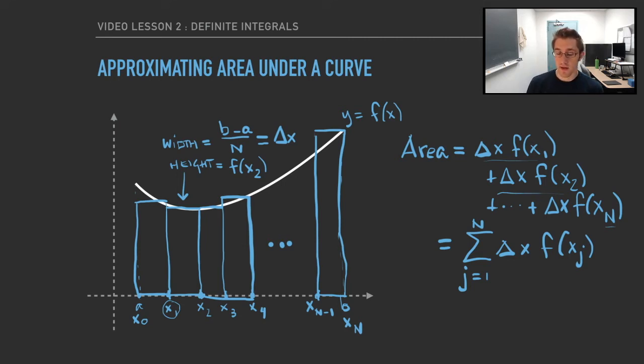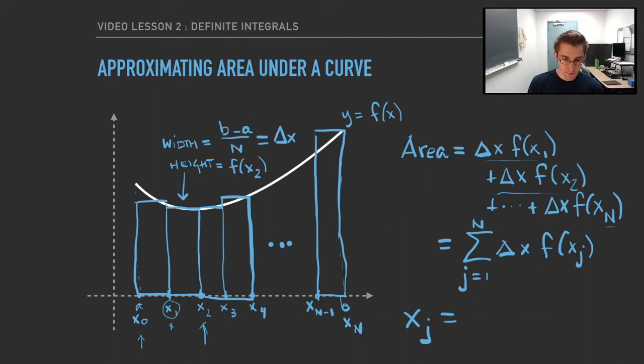Okay, the last thing we want to point out before we go on is that we can actually write down xj in terms of a and b. So xj is, how do I get from a to xj? Well, I move over, right? If I want to get from a, starting here, to say x2, I move over delta x to get to x1, and then I move over delta x again to get to x2.